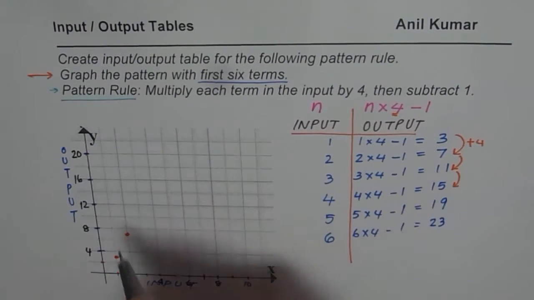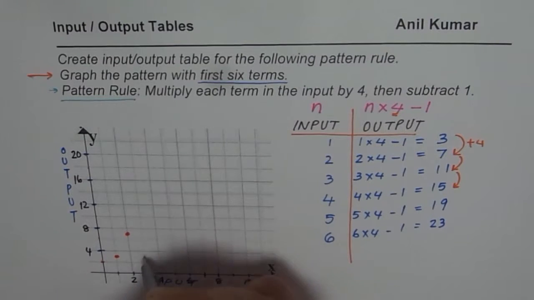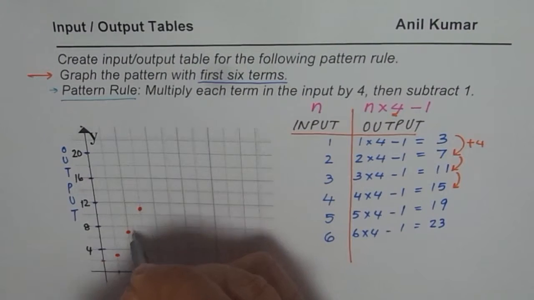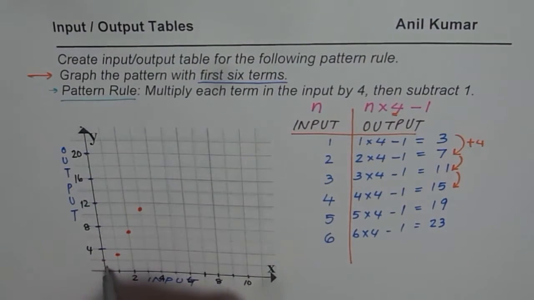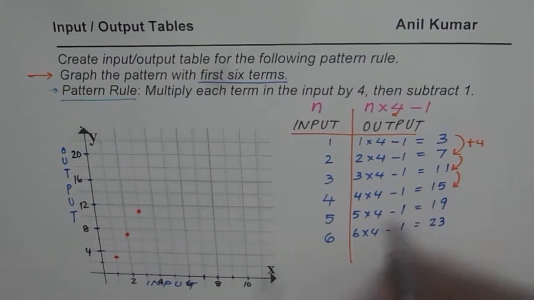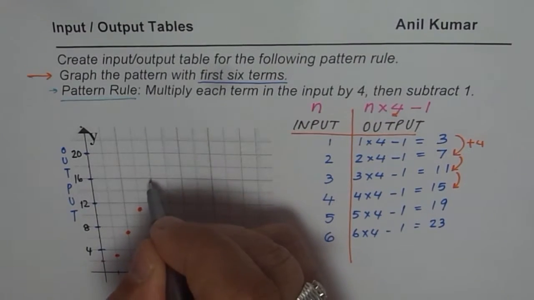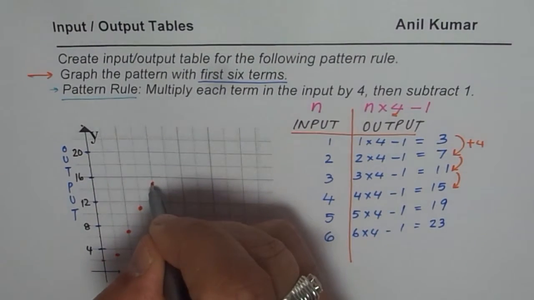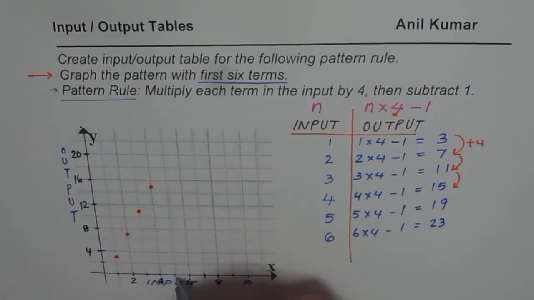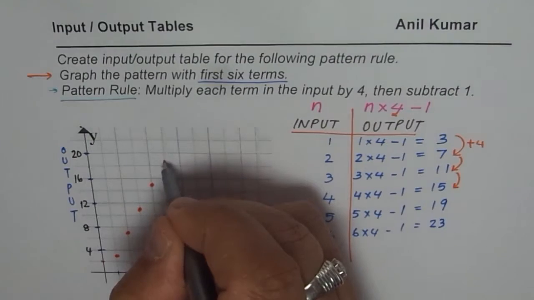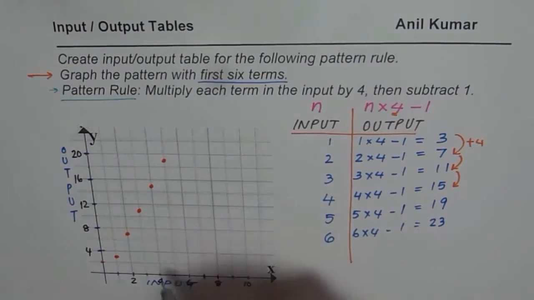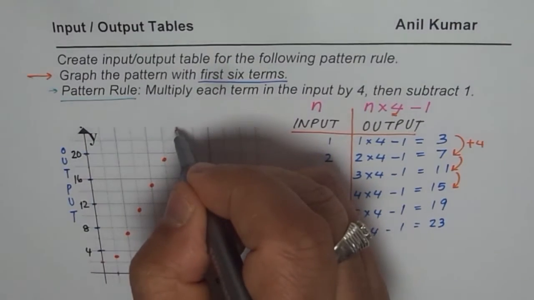3, 11. So 3 and 11, 1 less than 12, right there between, because each is 2, so half is 1. Do you see that? 4 and 15 is 1 less than 16. 5 and 19 is 1 less than 20. 6 and 23, 1 less than 24.